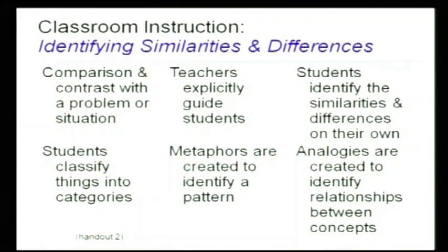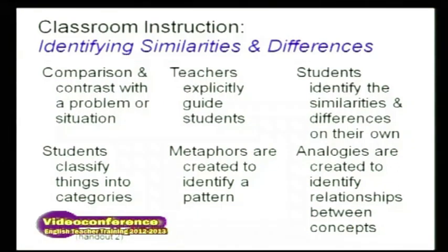Like life is a dream. Life and dream, two different things. But when you force the relationship, then you have to think of the connection, kind of like logical mathematical skill, right? And analogies, it's trying to identify the relationships between different concepts, ideas.